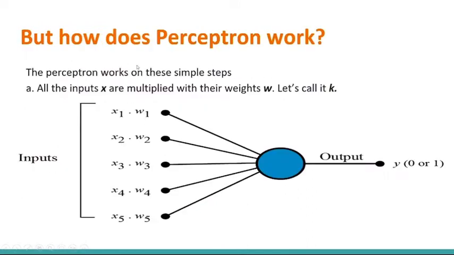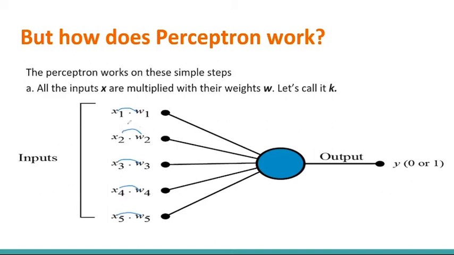So the way the perceptron works: in step 1, you have some set of features, right? Let's say the set of inputs, and each of them has its corresponding weight. Here is where you're going to have a sum: this multiplied by this, that multiplied by that, and so on, depending on the number of inputs that you have.